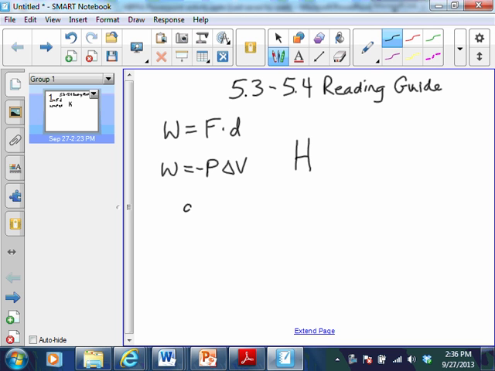So at constant pressure, this is really the takeaway that you should get from really pages 175 and I guess 176 if you look at it, okay?